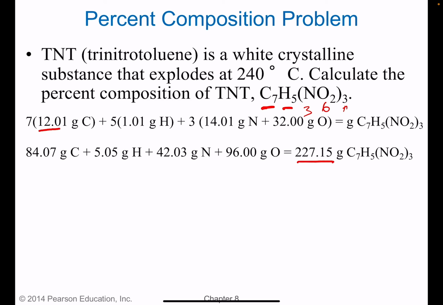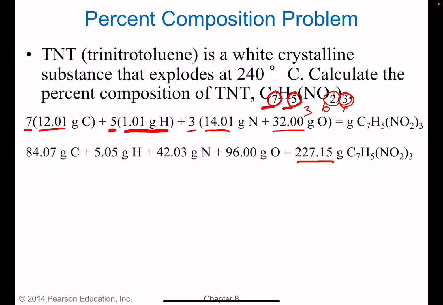12.01 is the atomic mass for carbon right from the periodic table, and then we have 7 here because there's a 7 in the formula. 1.01 for hydrogen, from the periodic table, and a 5 right here because there's a 5 in the formula. And then the 14 is for nitrogen, and the 32 is for the 2 oxygens, and then we have a 3 out front because of this 3 right here.